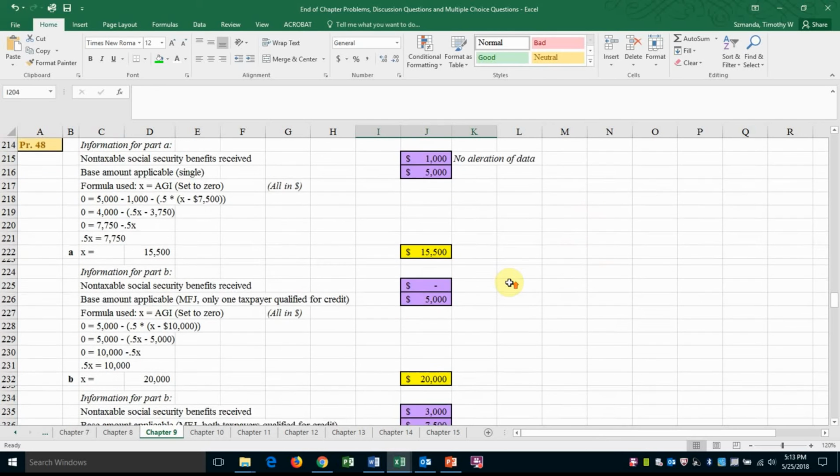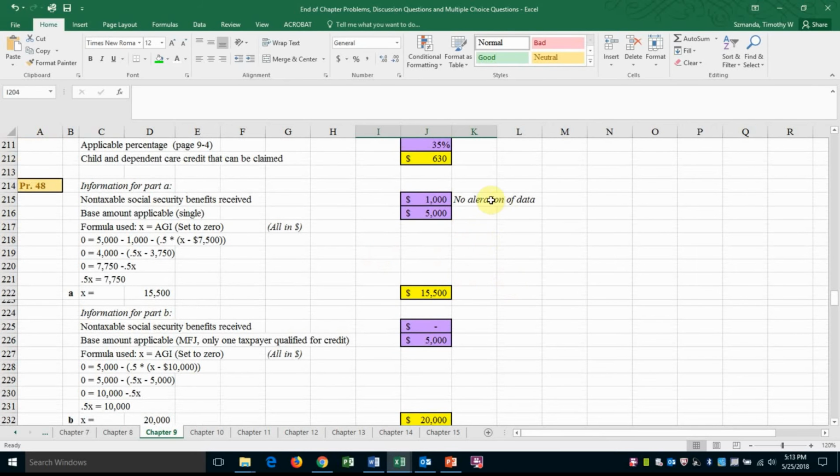I did not alter the data in this problem, and the reason I didn't is because we needed to use some algebra to get to the amount of the credit that's available, given the data that's given, and the fact that they have some Social Security income.